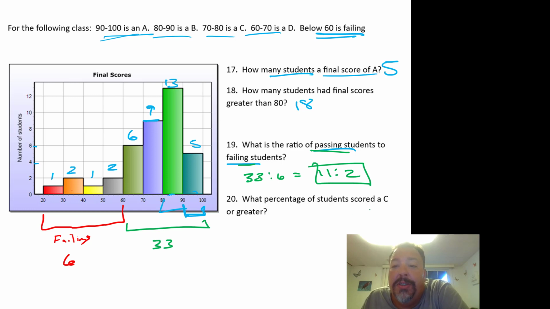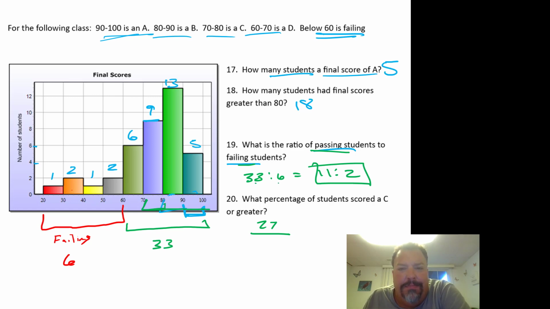What percentage of students scored a C or greater? So where does the C begin? 70 to 80 is the C range, or greater. So it's going to be all 3 of these. So that's going to be 9 plus 13, that's 22, plus 5, that's going to be 27. Over the whole, how many do we have total?